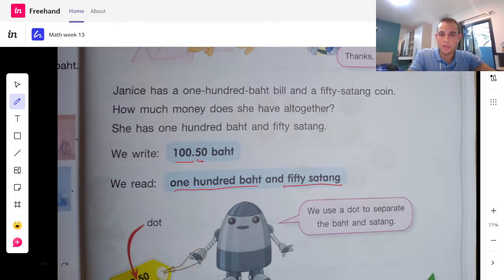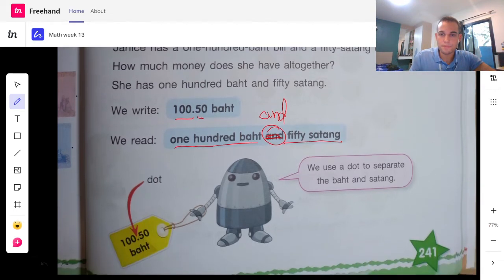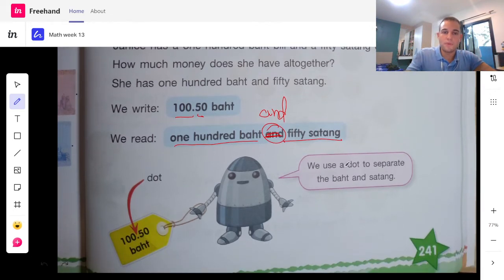And 50 satang, or 1 baht, 50 satang, okay? We don't always need to use the and. We don't need to say it, but we can say it. So 100 baht and 50 satang, or we can say 100 baht, 50 satang, okay? So, of course, that's what the dot is here.